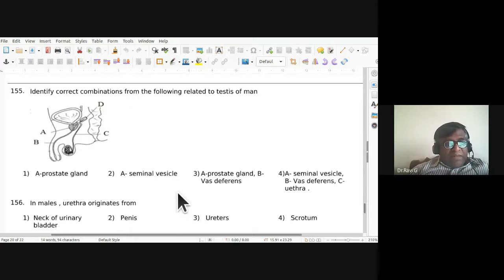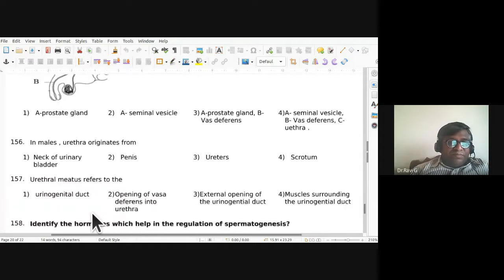156th, in males, urethra originates from the neck of urinary bladder. Urethral meatus refers to the urinogenital duct. We have discussed this question.